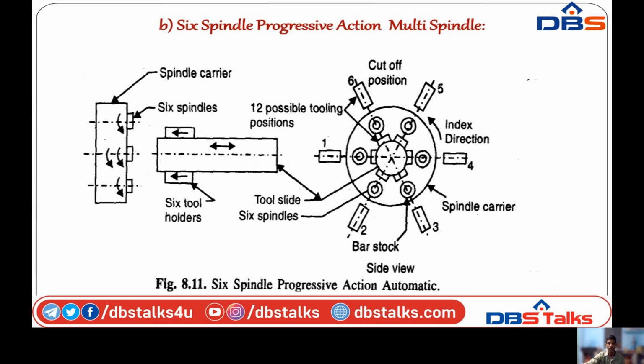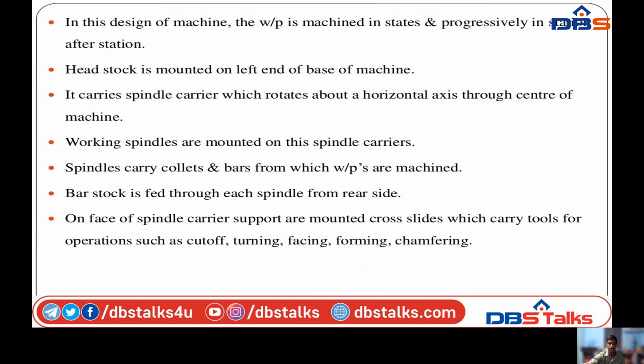Based on the requirement, I'm using the second tool holder or second spindle for the drilling operation. Then automatically for the reaming operation, I'm preferring the third one. For tapping, I'm preferring the fifth. It is the procedure or sequence of operations by using 6 spindle actions.